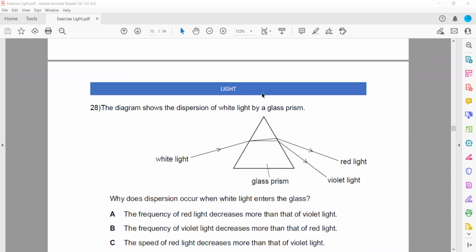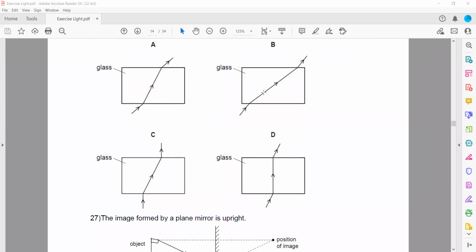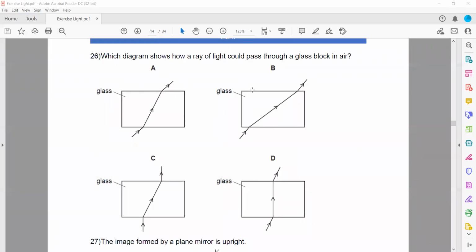Why is B wrong? Because as you can see in B, when we draw the normal, the perpendicular, this is the direction in which the ray is entering. When it moves from air to glass, it should bend towards the normal because the speed decreases.